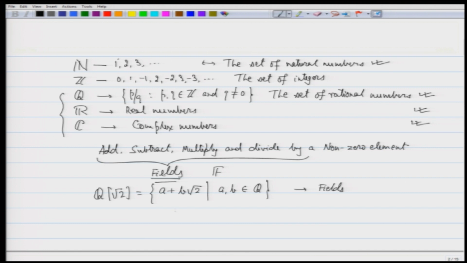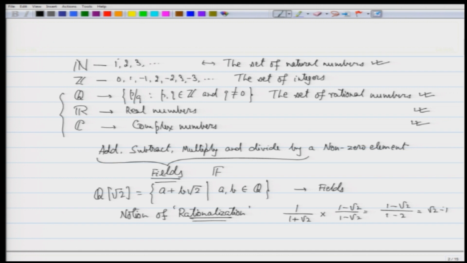We had seen in our school days that there was a notion of rationalization. I do not know whether you remember it now. That is, we want to make them rational, so the denominator is to be made a rational number. So, for example, if I want to write 1 upon 1 plus root 2, I can multiply this by 1 minus root 2 upon 1 minus root 2, and therefore, I will get 1 minus root 2 divided by 1 minus 2, which is root 2 minus 1.